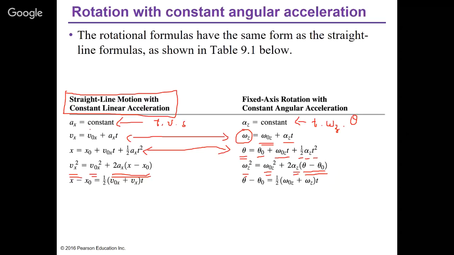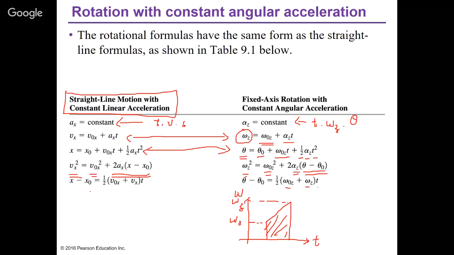And this is basically the trapezoid rule that we talked about, right? So we talk about as a function of t, if you have omega here, and you start with omega 0, and you end up with omega z, the area under this curve would be half times omega 0 plus omega z times t.